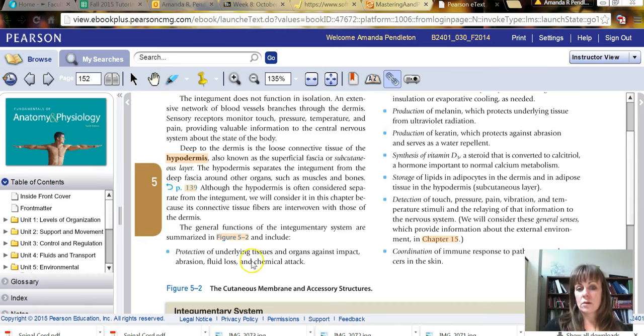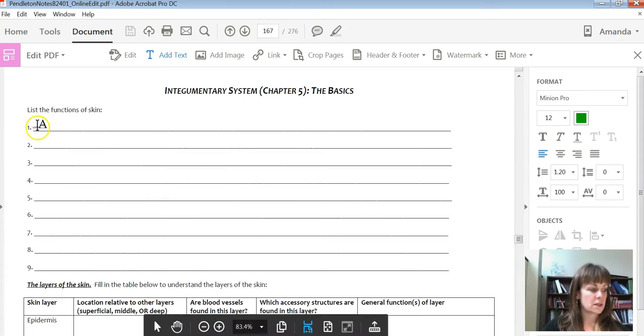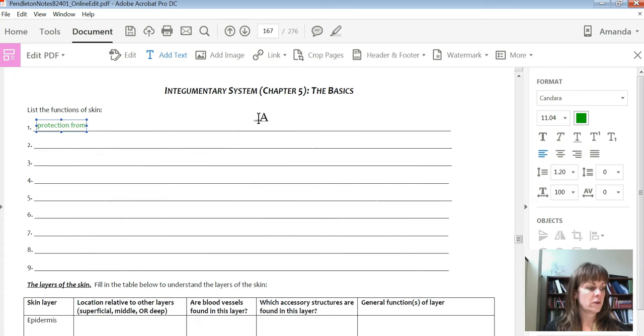And then also chemical attack. I'd also put, well, I guess it kind of fits here, this is talking more about coordination of our immune response to pathogens and cancers. So as you're going here to list what some of these functions are, we want to list protection from impact, abrasion, fluid loss, and chemicals.